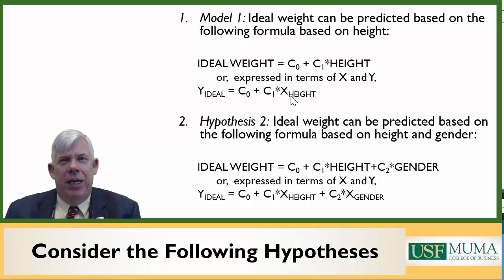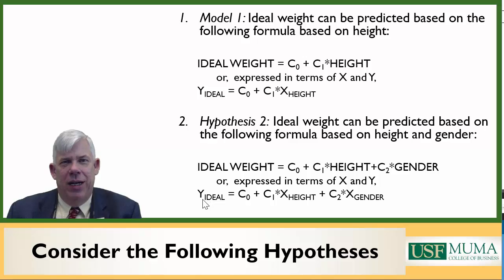Now, that would be another way of expressing our hypothesis, and we could get more sophisticated if we actually wanted to look at both gender and height. We could create a new model, and in this model we would have a different constant plus a different constant times height plus a different constant times gender, where 0 is male and 1 is female. It doesn't actually matter which you choose, but it will affect the sign of this constant.